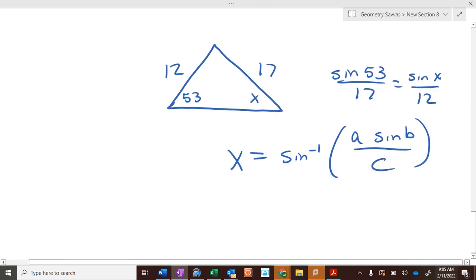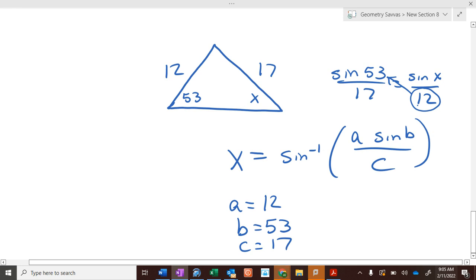Okay. Well, where did we start with? We start with the 12. And we take that times the sine of 53, right? So it'd be 12 times the sine of 53 divided by 17. So what's a? You don't even have to use your calculator. What's a? 12. What's b? 53. What's c? 17.